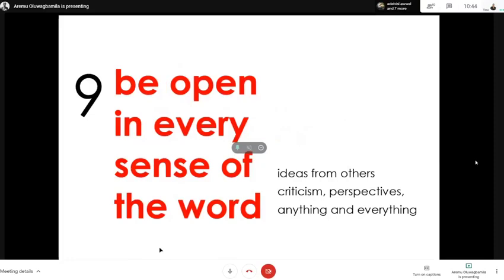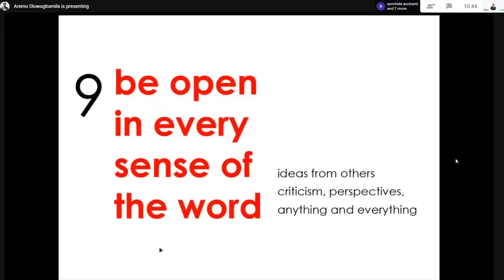The next thing is be open, in every sense of the word open. Be open to ideas from other people, be open to criticism, be open to other people's perspectives, be open in everything and anything. I'll give a very good example here. June, for example, they call it Pride Month. It's for homosexuals, gay, non-binary, and all of those things.